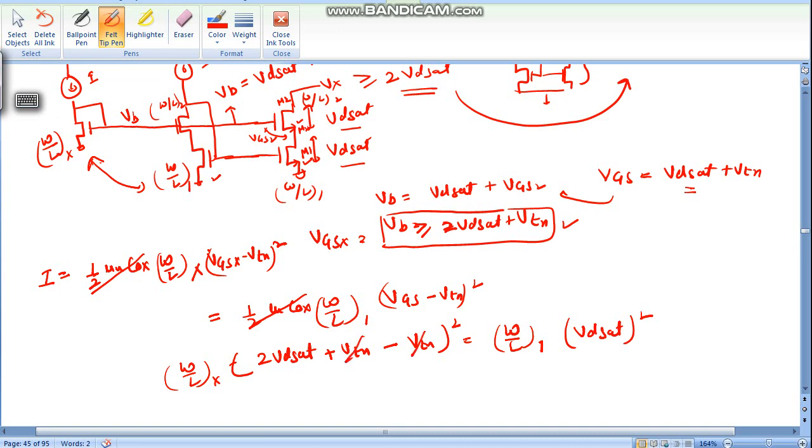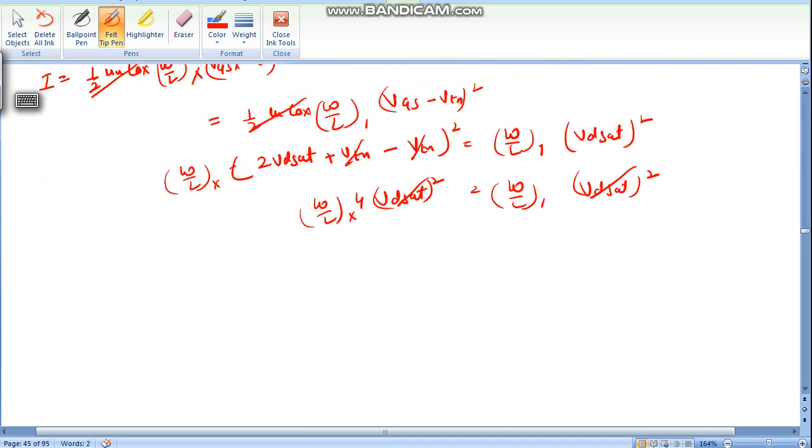So this is 2Vdsat squared, 4Vdsat squared, equals W by L1 Vdsat squared. These two cancel. So W by Lx is 1 by 4 of W by L1.